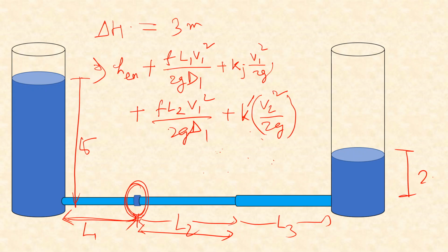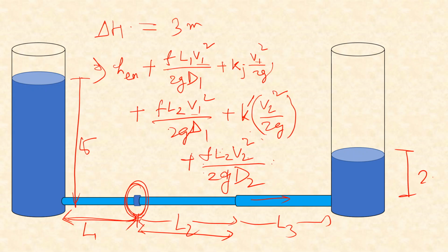Then some extra loss will be in this length of the flow, that is again you are adding f L2 v2 square. Remember, in this pipe the velocity will be different because the discharge is same, but the cross-sectional area has now increased, and therefore we cannot write a single v. Therefore we have written v1 in the previous terms, and now we are writing v2, divided by 2g d2.